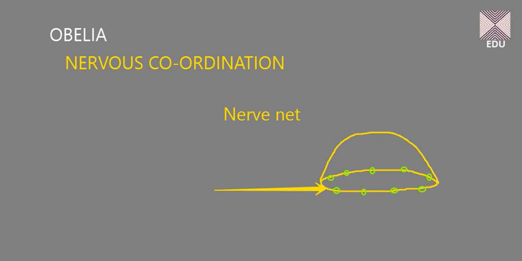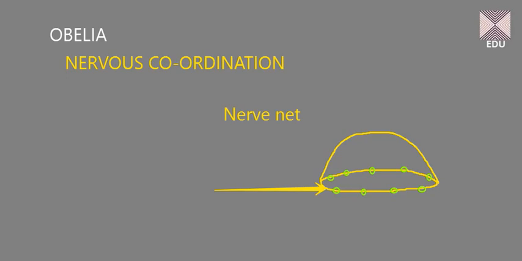So overall, the nervous coordination inside the medusa and the Obelia colony is because of the nerve net, which is formed of the nerve cells. There is a particular speed of the impulse traveling in this nerve net.